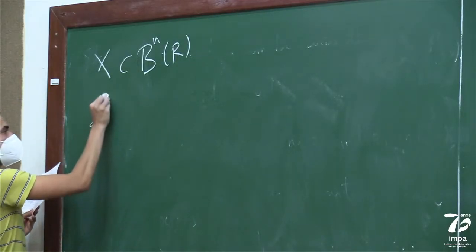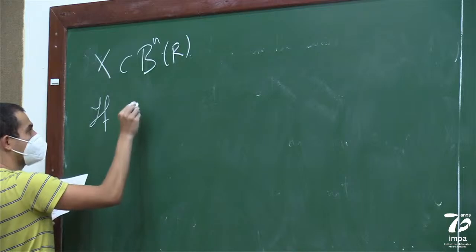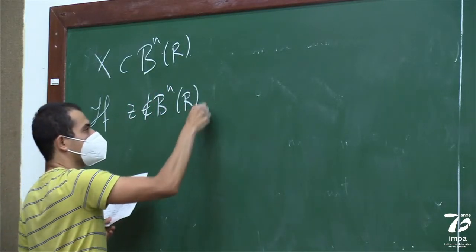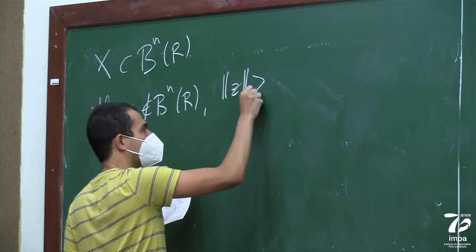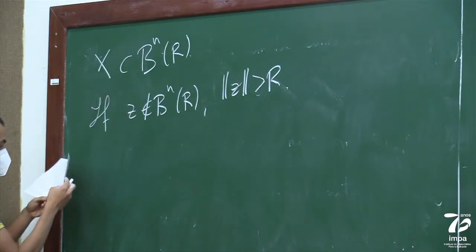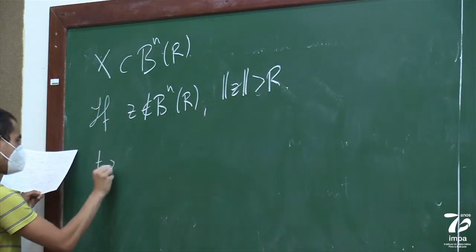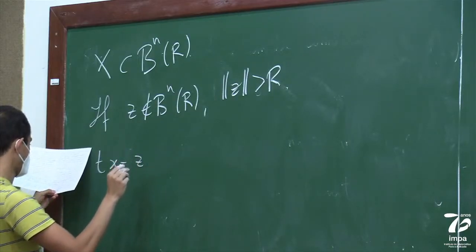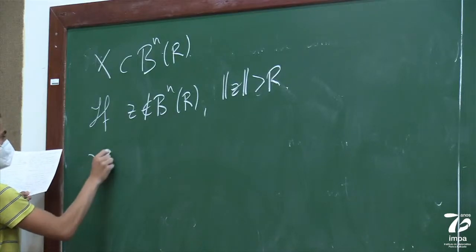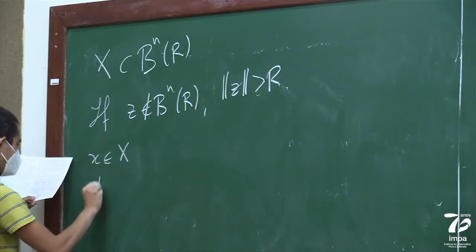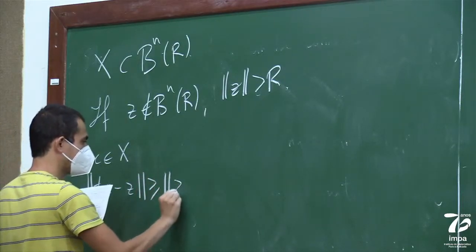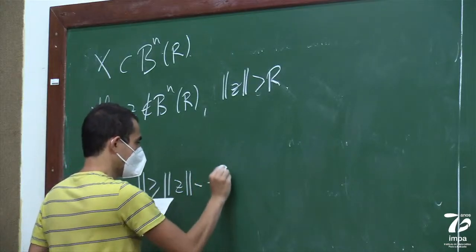So now if z is a point that's not in this ball, so that means the norm of z is bigger than r, then for x in the compact set, the norm of tx minus z is bigger than or equal to the norm of z minus t times the norm of x.